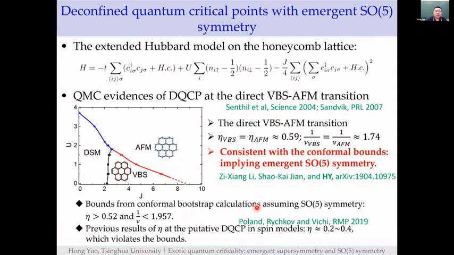So the model we start with is this model. This is just the nearest-neighbor hopping of spin-1/2 fermions on a honeycomb lattice.